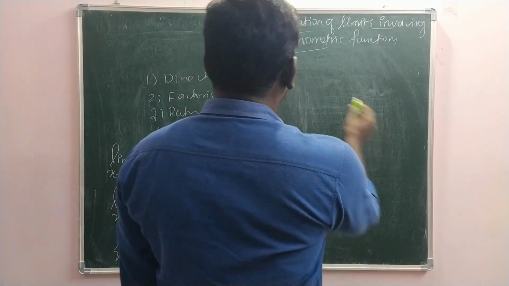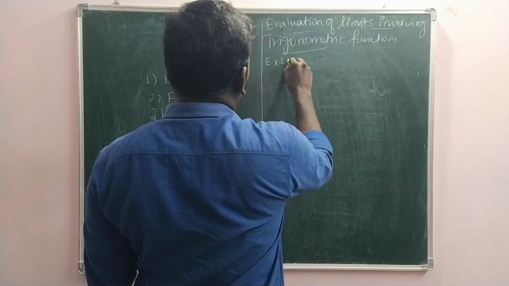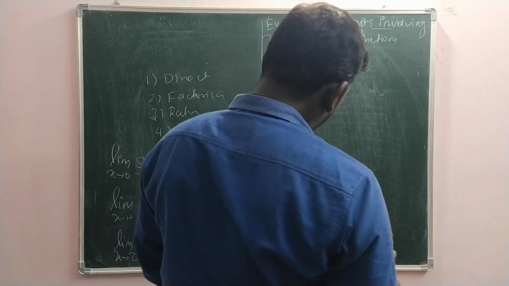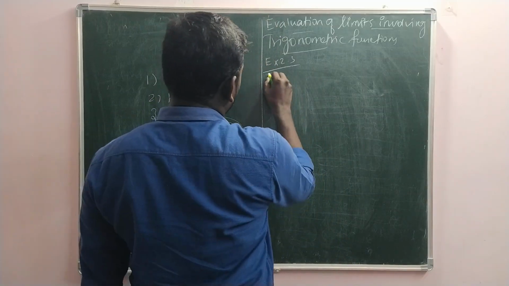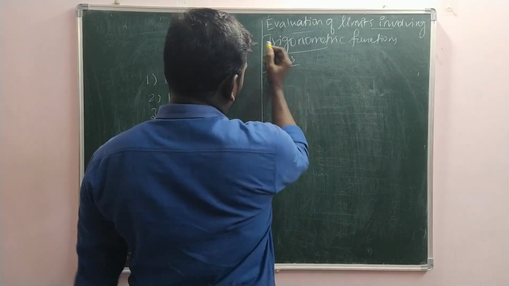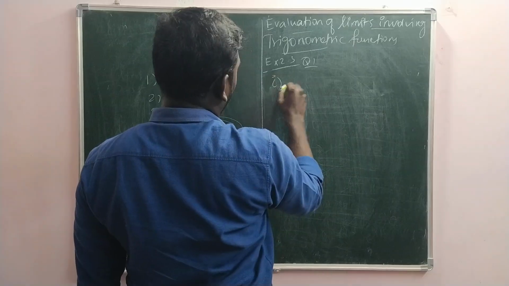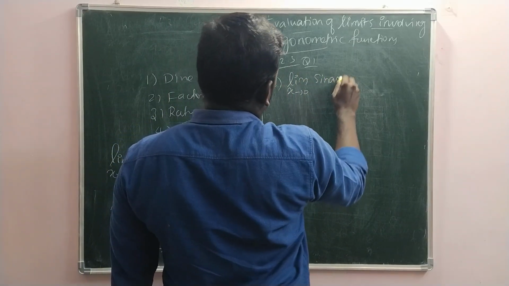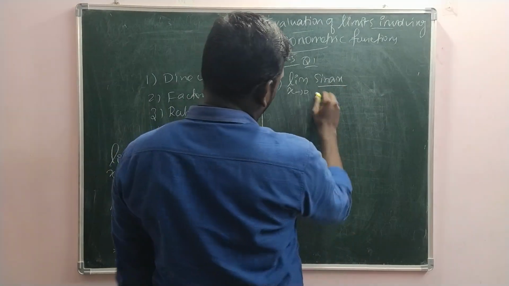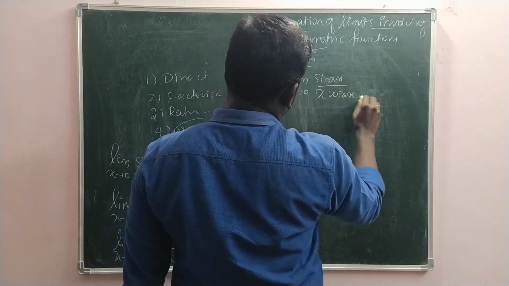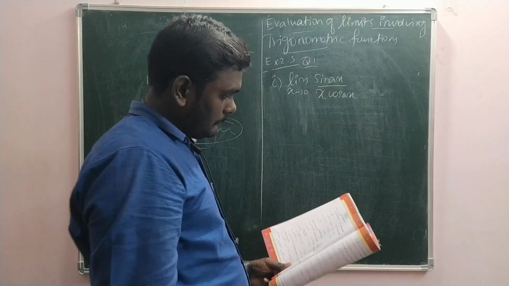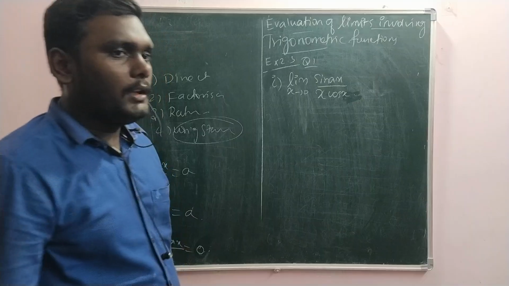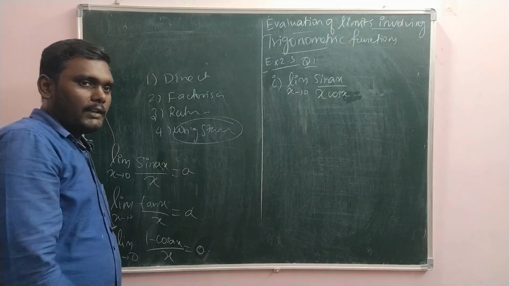Then in exercise 2.3, question number 1, first subdivision: limit x tends to 0, sin ax by x cos x. Now we should try to identify where we can use these three identities.